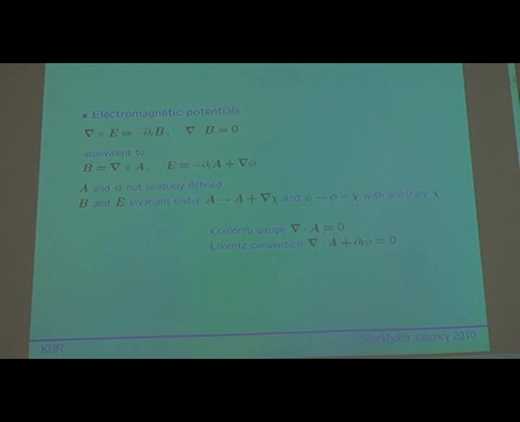And this psi you can fix, for example, by saying that A should be divergence free, or you can also choose the Lorentz convention in this form, or you can use other gauge possibilities. Okay.